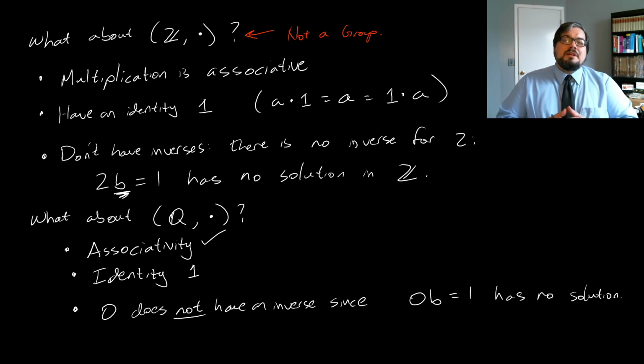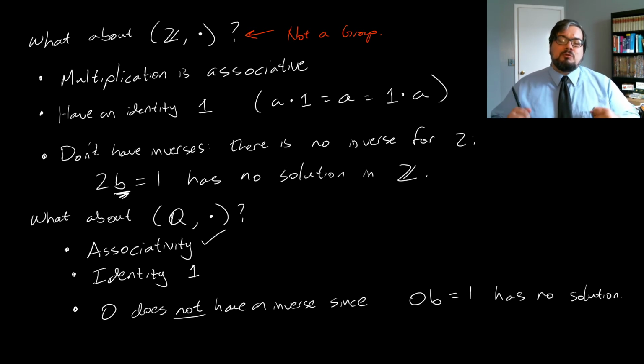The requirements to be a group in terms of having an identity, having inverses and having associativity have to hold all the time. So in order for a set plus an operation to be a group, every single element must have an inverse. When we looked at Z with multiplication, most of our elements didn't have inverses. In fact, the only elements that did have inverses were 1 and -1.